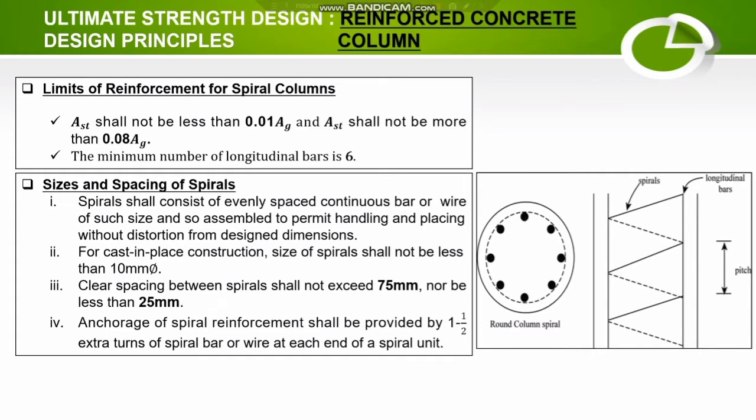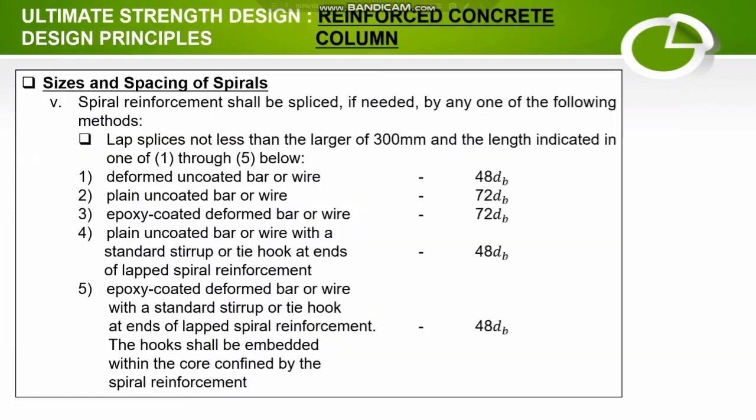Take note that the minimum number of longitudinal bars for a spiral column is 6, and the lateral reinforcement is a continuous spiral. So it is the pitch or the spacing of the spiral. Then this one is the longitudinal bars, and these diagonal lines are called the spirals or our lateral reinforcement.